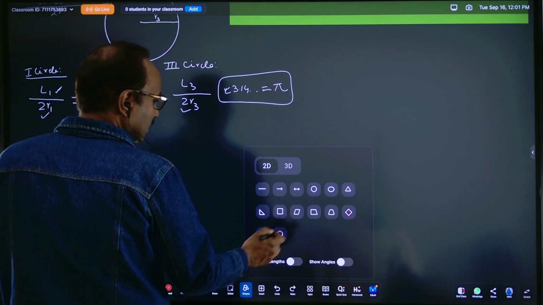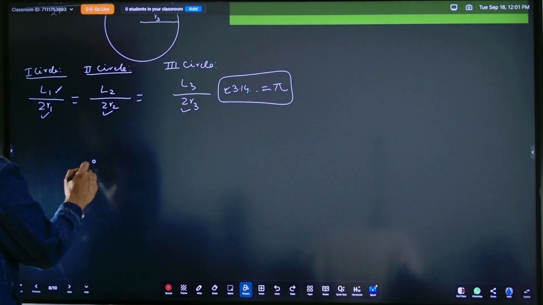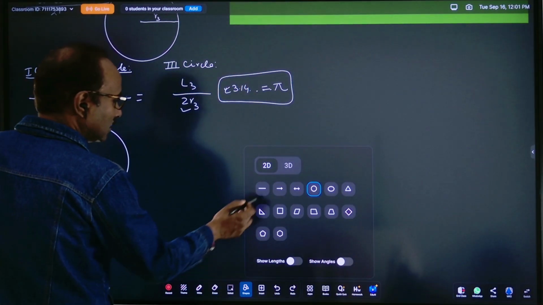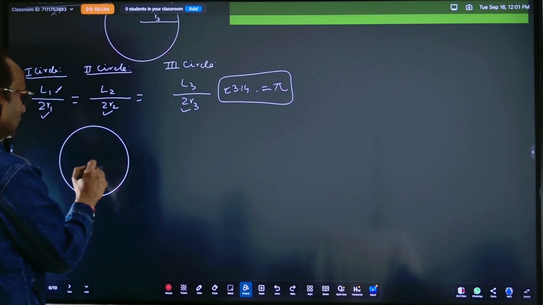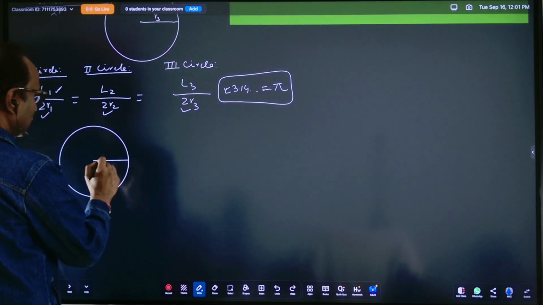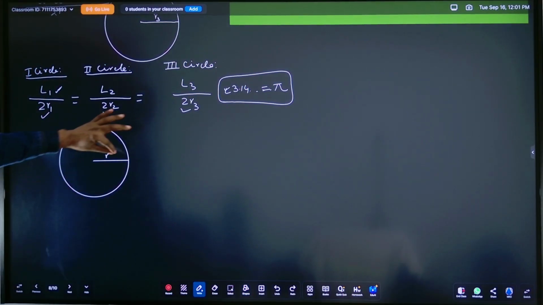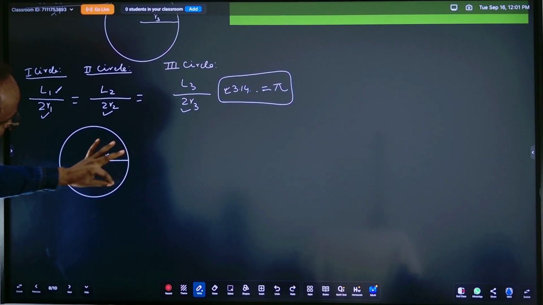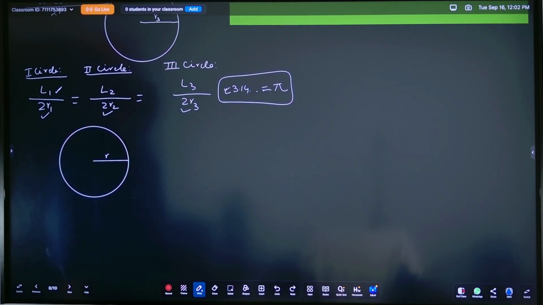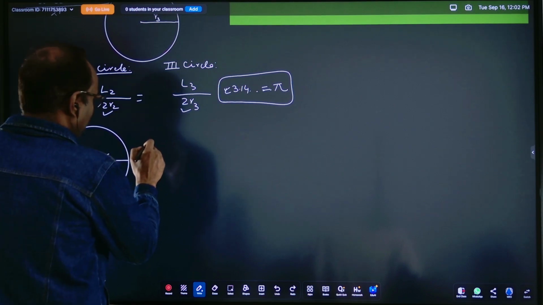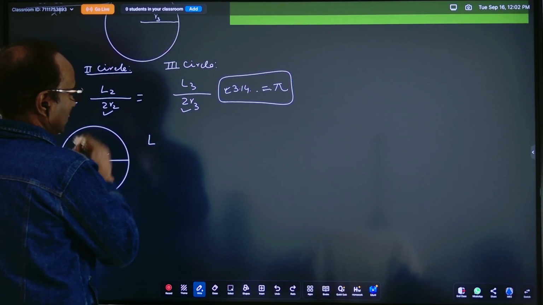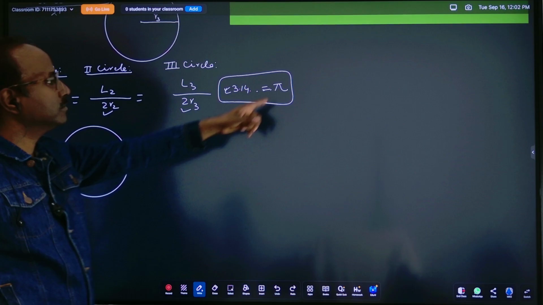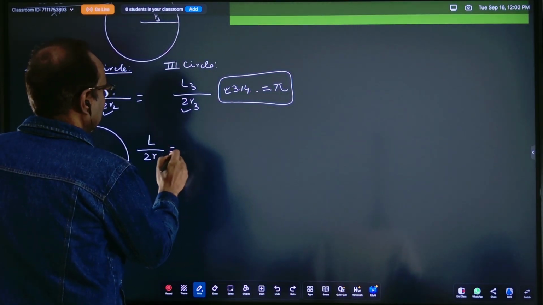So for any circle of radius r, if you measure the entire length of the circle periphery, write it as L and divide it by 2r, it will come to the same value, equal to pi.